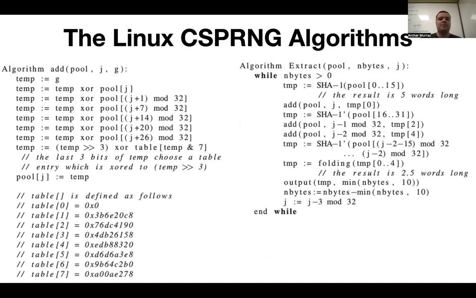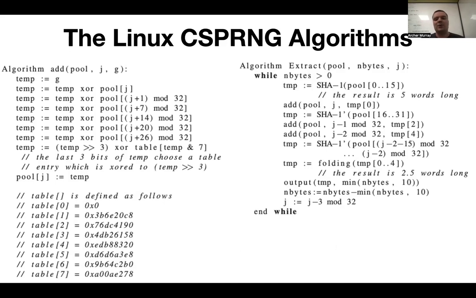Here we can see the algorithms in pseudocode that Linux uses to add bits to the entropy pool on the left, and you can see there's a lot of XOR operations. G is the actual entropy that's being added to the pool, and it gets transformed in various ways before being added.